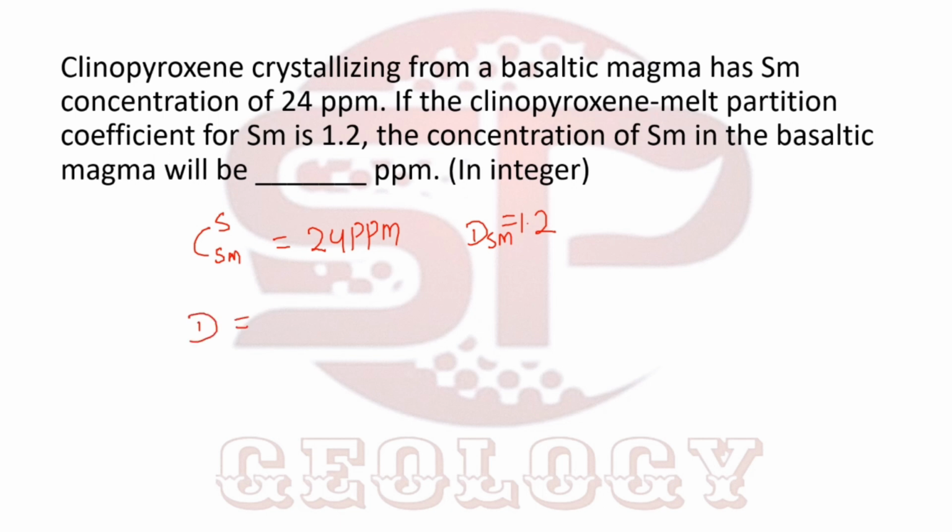The distribution coefficient is the concentration of the trace element in the solid divided by its concentration in the liquid, so D equals Cs by Cl.